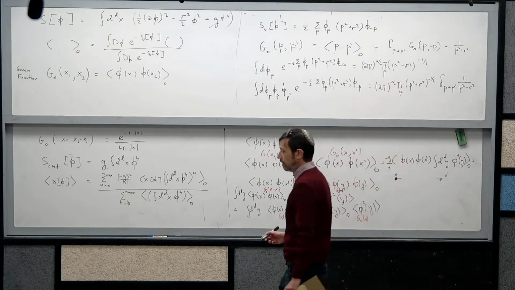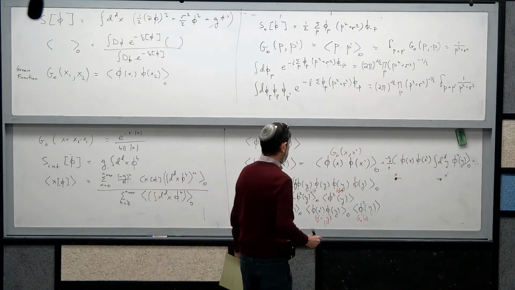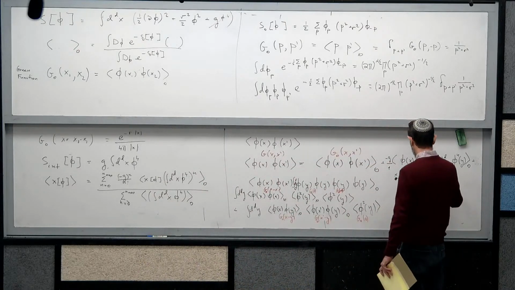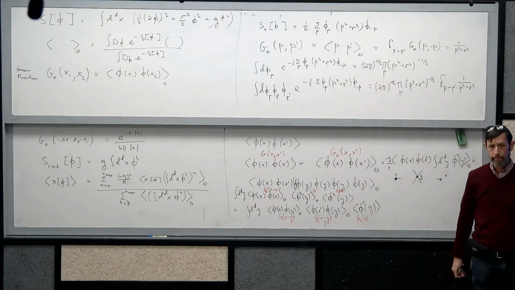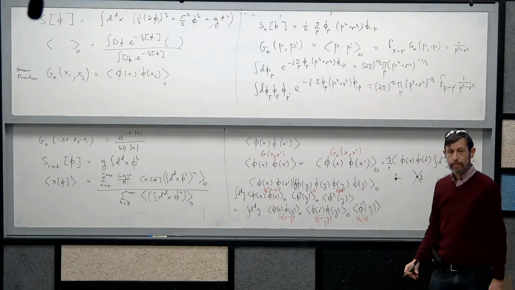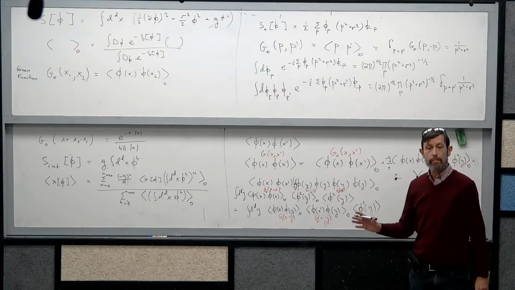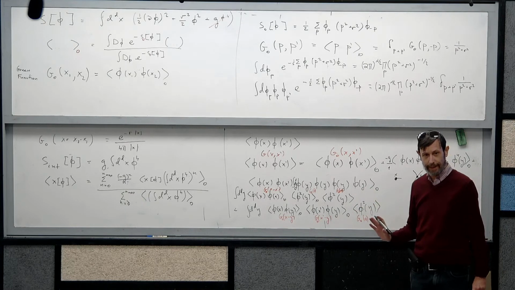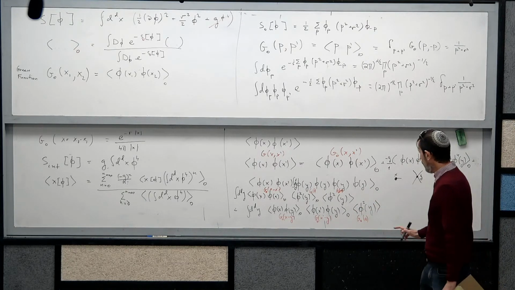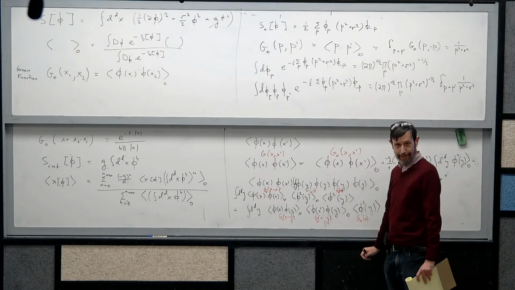And put in a vertex of G. Combine all possible permutations of connecting these lines, and you'll get all the terms that appear here.